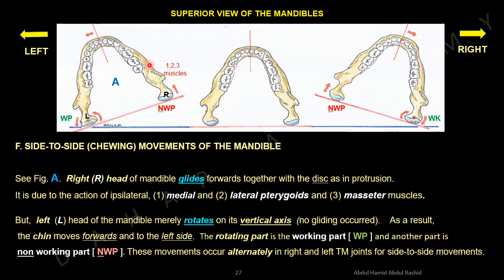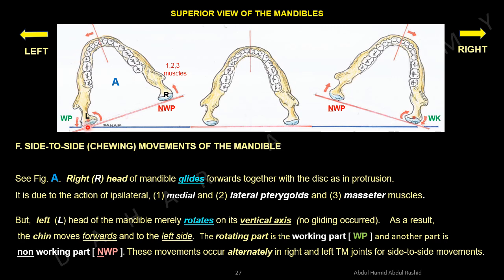At the same time, on the left side, the left head of the mandible merely rotates on its vertical axis. There is no gliding movement. As a result, the chin moves forwards and towards the left side.